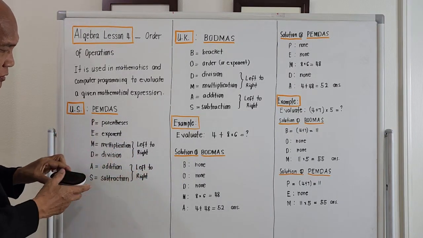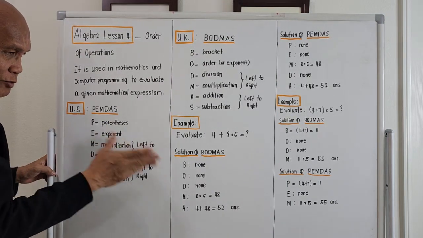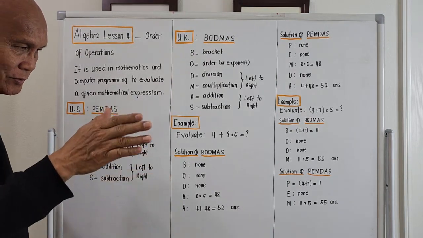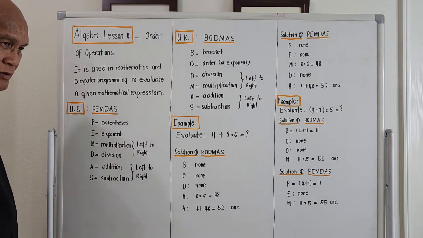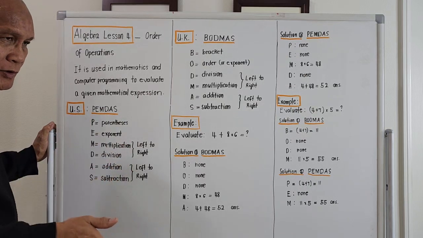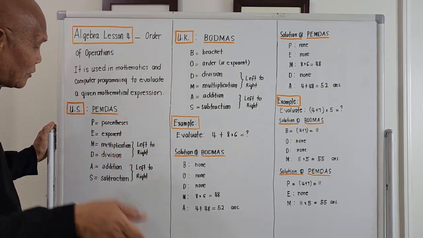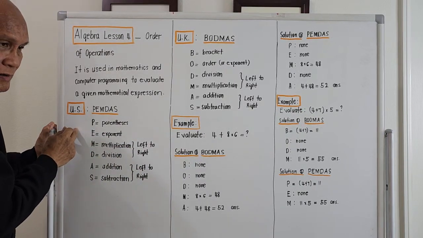But there are problems which involve parentheses and exponents. That's why I told you in lesson number 1, in the fundamental operations, that there are four fundamental operations, but there are actually six.